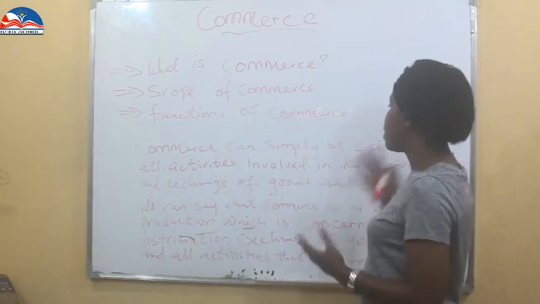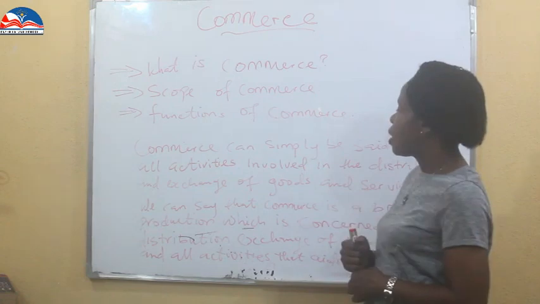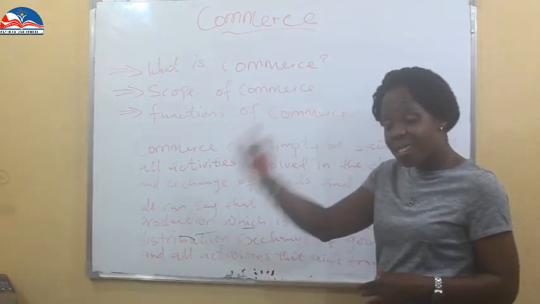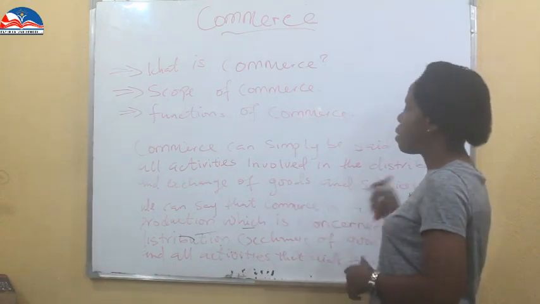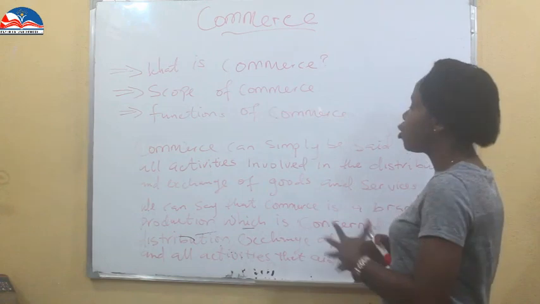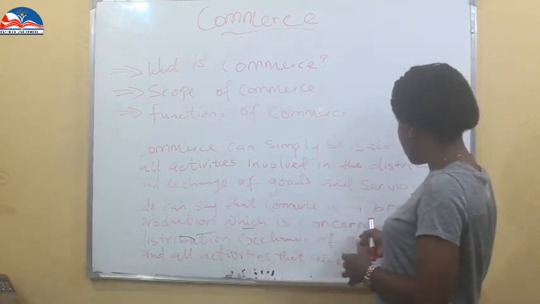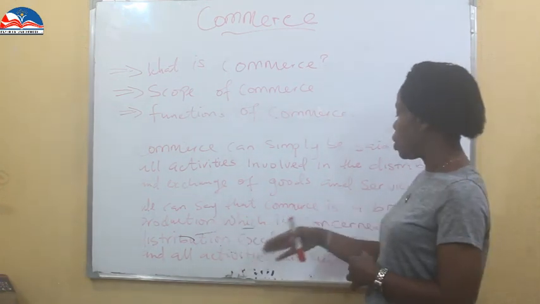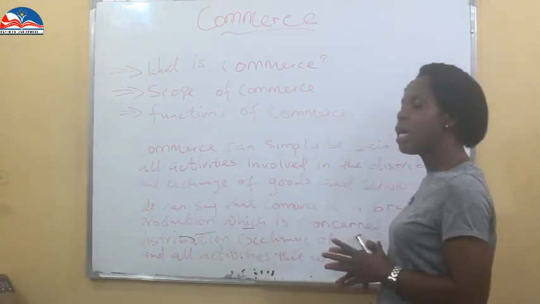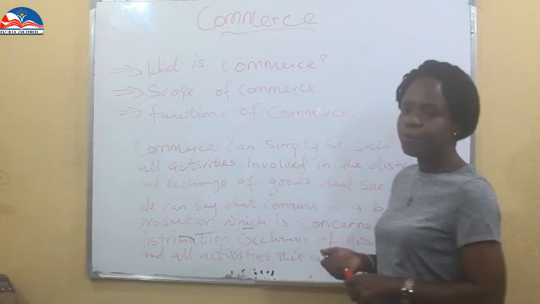So we can simply say that commerce is all activities involved in the distribution and exchange of goods and services. We can equally say that commerce is a branch of production which is concerned with the distribution, exchange of goods and services, and all activities that aid trade.